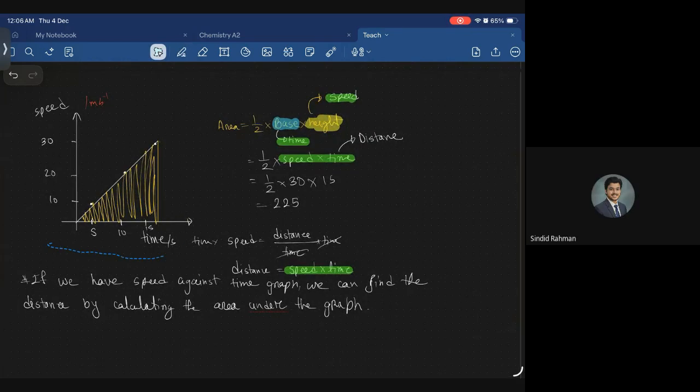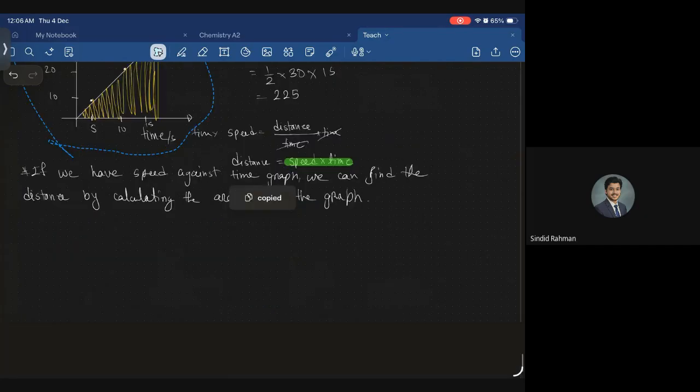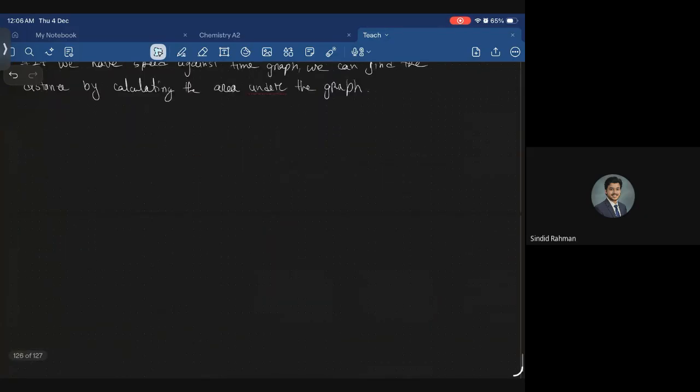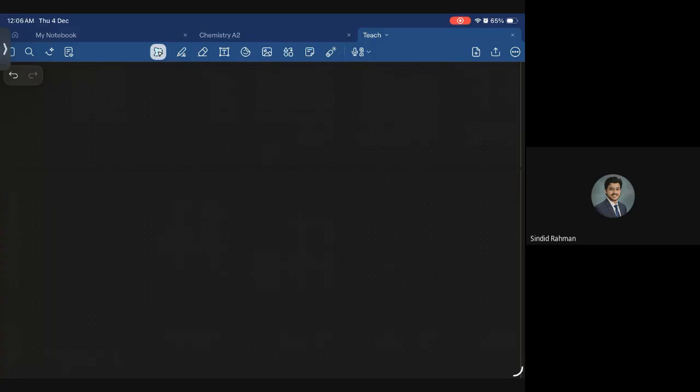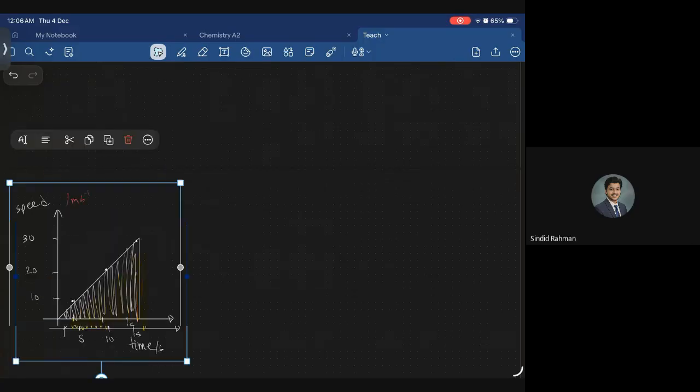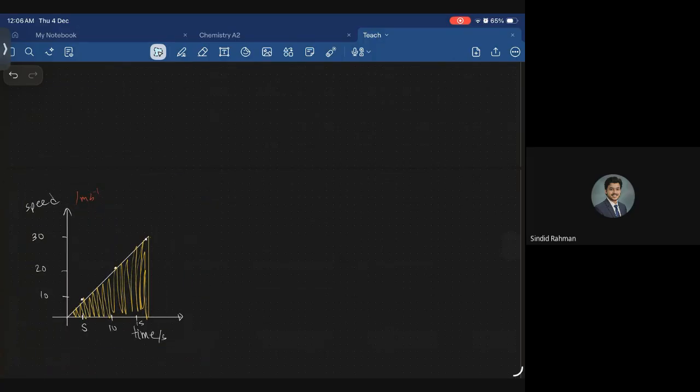If it's clear, then you have to tell me now that if I just change speed to velocity, what can we find by the area under the graph?